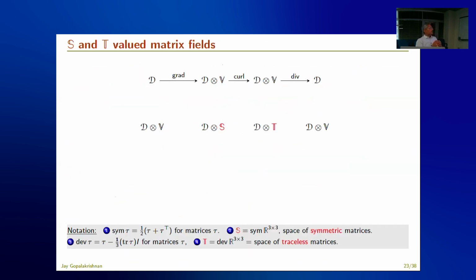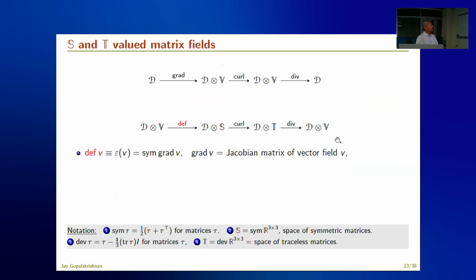Now from this as a starting point, we launch into matrix valued fields as follows. I have put the de Rham complex here, and now I have smooth vector fields here, smooth symmetric matrix valued fields here, smooth traceless matrix valued fields here, followed by vector fields. Now I'll connect these with these operators.